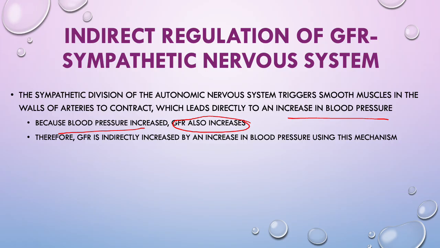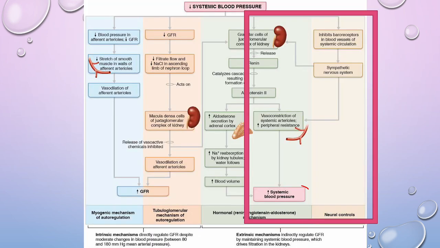So GFR is indirectly increased by the increase of blood pressure with this mechanism. This is not directly related to constriction of blood vessels per se, or to the JG apparatus. This is by the nervous system, okay? And we see it here. This one increases not the GFR alone, but the systemic blood pressure.